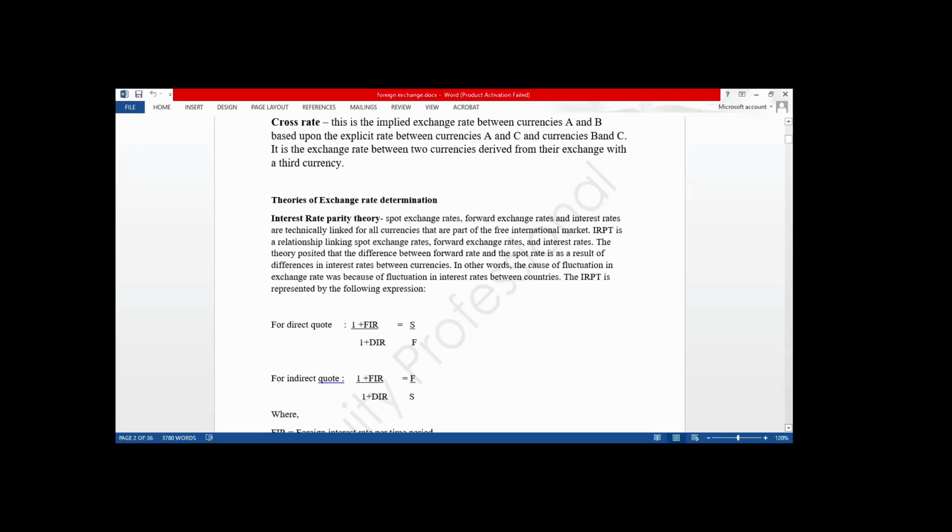Naira will be depreciating. If you compare the two, 27 minus 3, that means there is 24% difference. Naira is expected to depreciate by 24% compared to pound sterling because of the differences in interest rates between the two countries.